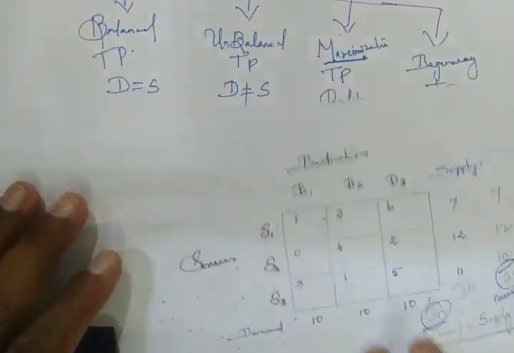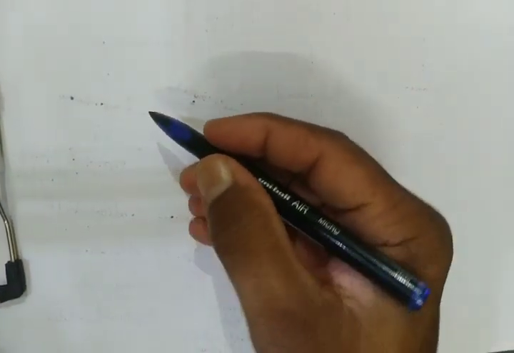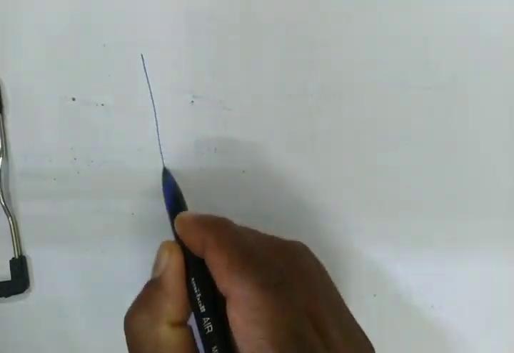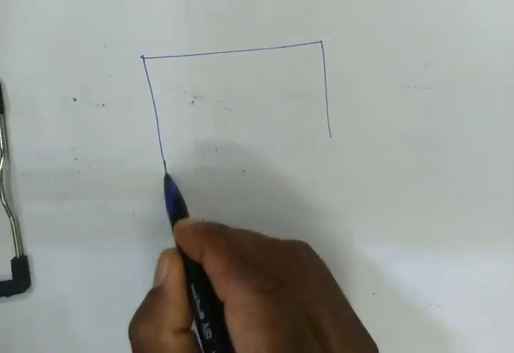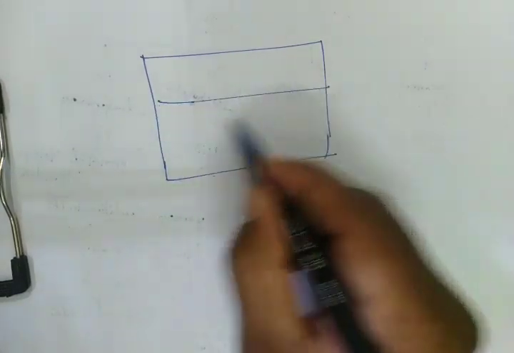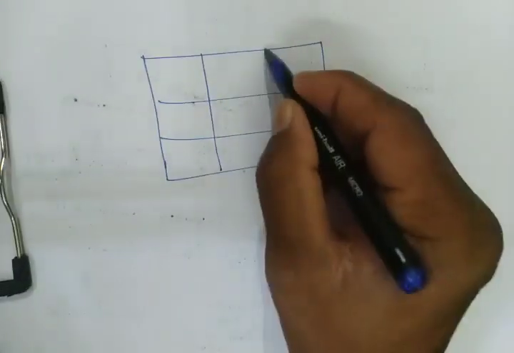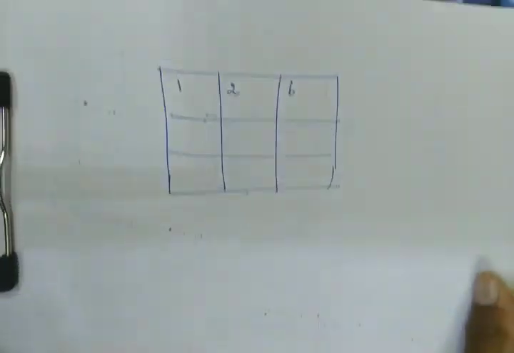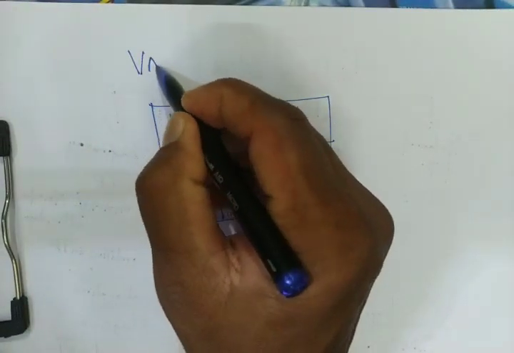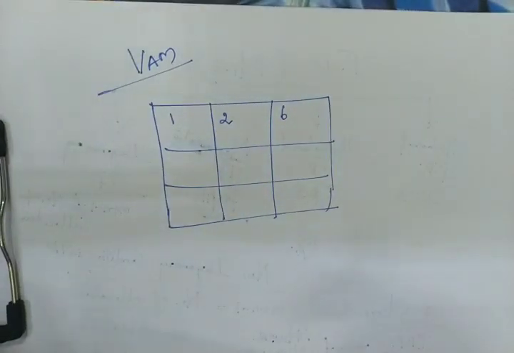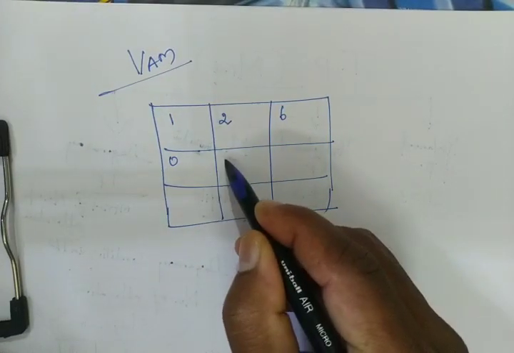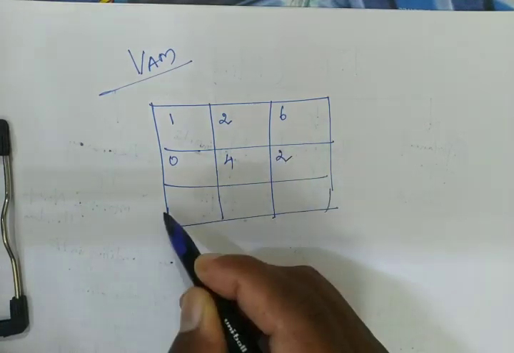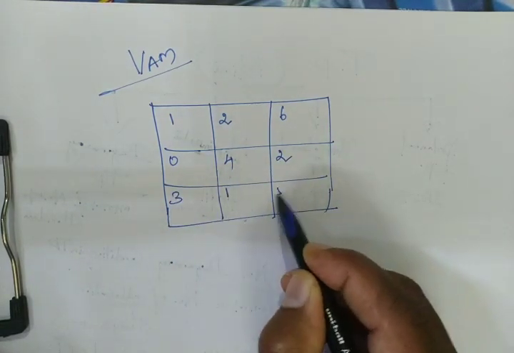VAM method, Vogel's approximation method. Now I will take the same problem because you will come to know the difference among the methods. Here 3 rows, 3 columns: 1, 2, 6. We are solving by VAM. Why am I taking the same data? Then only you can compare which is the best among the 3. 3, 1, 5.